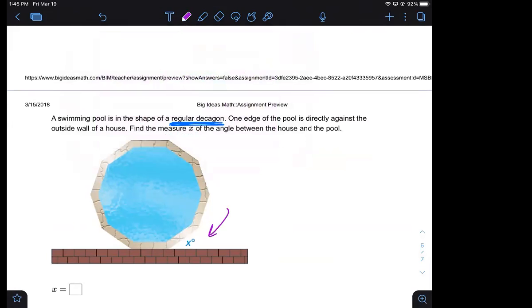It wants us to find the measure of angle x between the house and the pool. Now, angle x is an exterior angle, so it doesn't matter how many sides it has. All the exterior angles will add up to 360.